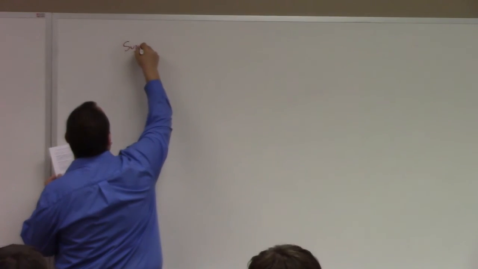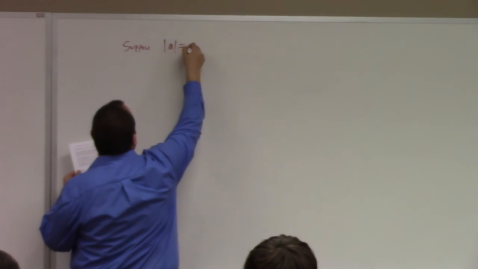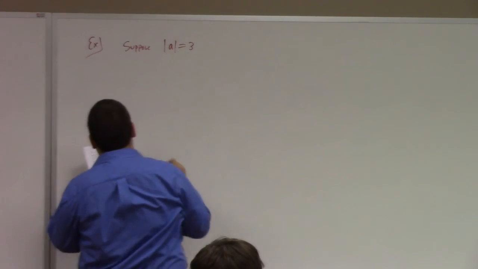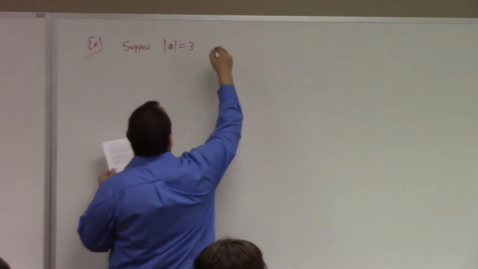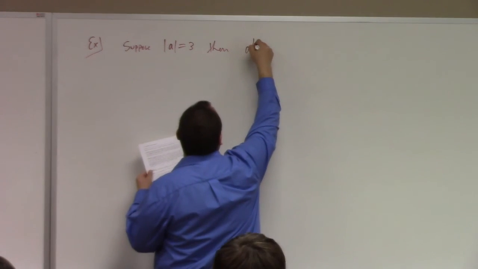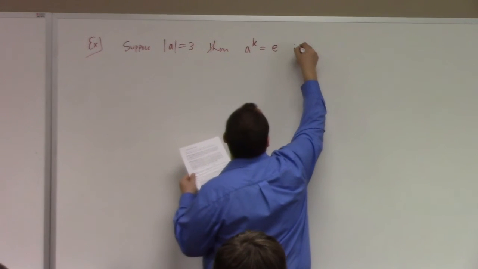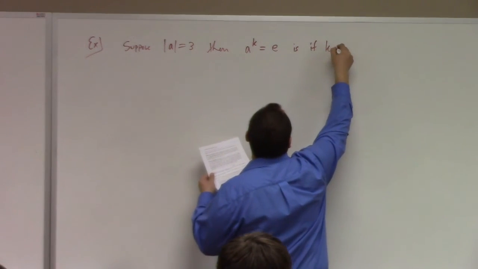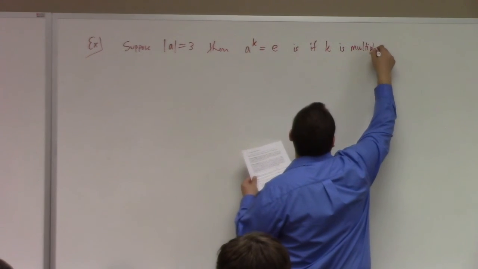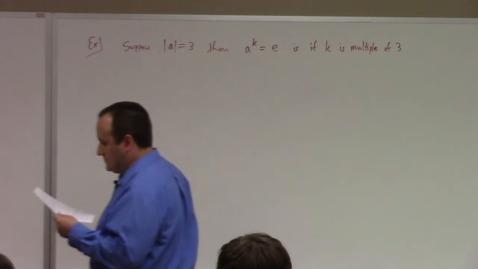Suppose you have the order of a is equal to 3. Then the only way you can get a to the k equals e is what? k is a multiple of 3.